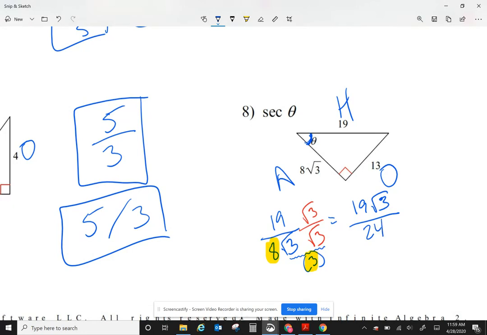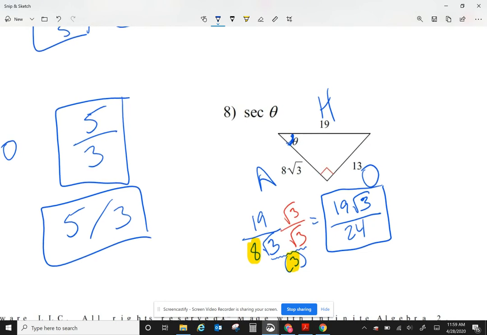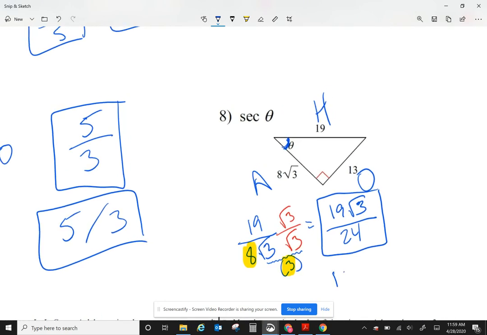I take a look at my whole numbers, 19 over 24. If we can simplify them, by all means, simplify. In this case, we cannot, but if you could, do simplify. My answer is 19 radical 3 over 24. How do you type this? 19 rad 3 over 24.